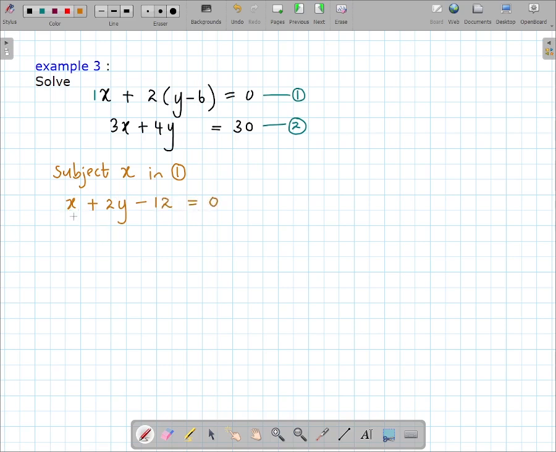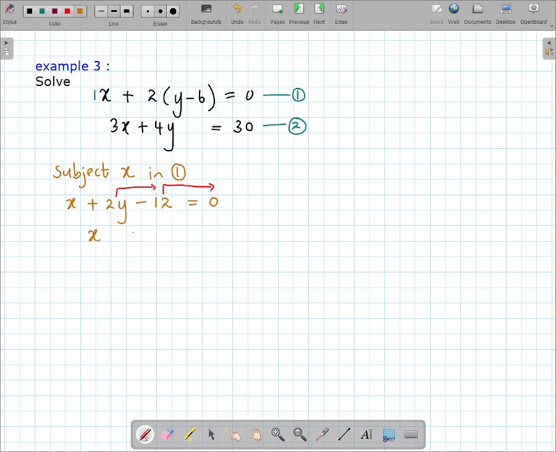Okay, I have to subject x here. To subject x, I have to remove 2y and minus 12 both. So how do you remove both the terms? You have to send both terms to the other side. That means minus 12 to the other side and 2y also to the other side.